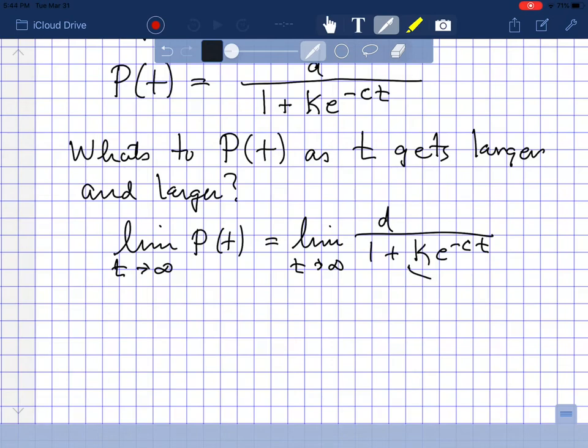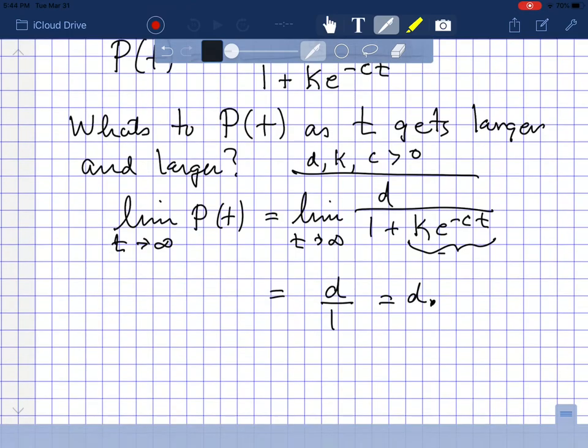So what depends on t? Well, it's this term here that depends on t, and as t gets larger and larger, provided d, c, and k are all positive numbers. That's something I didn't mention that I should have. So d, k, and c are all positive numbers. So what happens to this quantity here as t gets larger and larger? Well, this goes to 0, right? So this limit is just going to be d divided by 1, which is d.